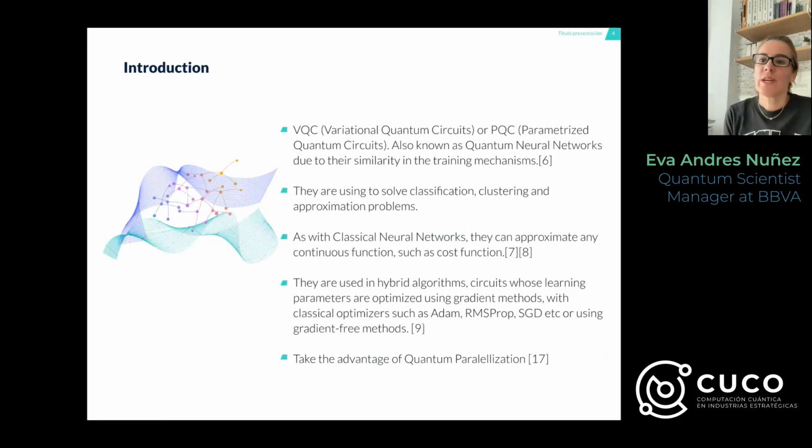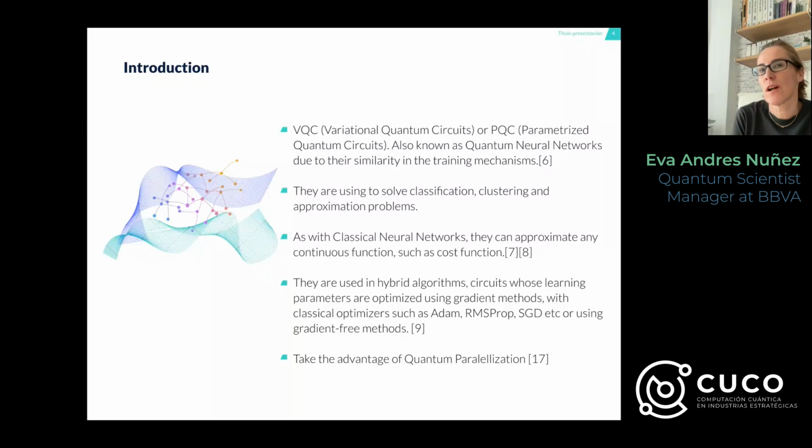Variational quantum circuit, also known as parameterized quantum circuit or quantum neural network, is named this way due to the similarities in the trainable mechanisms, because in both the classical neural network and the quantum neural network, we have to optimize the trainable or learnable parameters of the network in the direction of minimizing the objective function, using a gradient-free or gradient method.